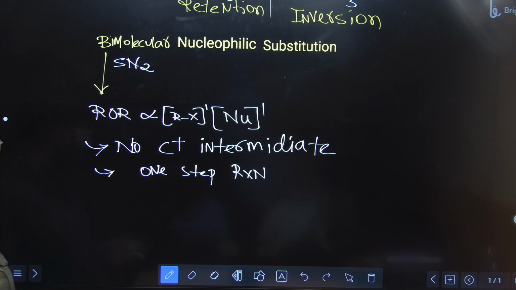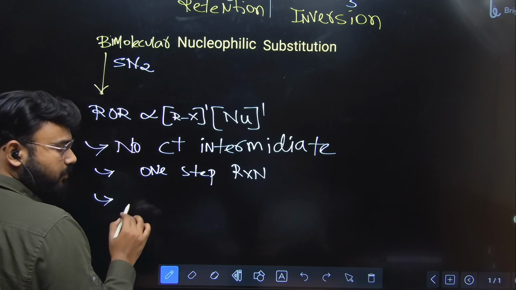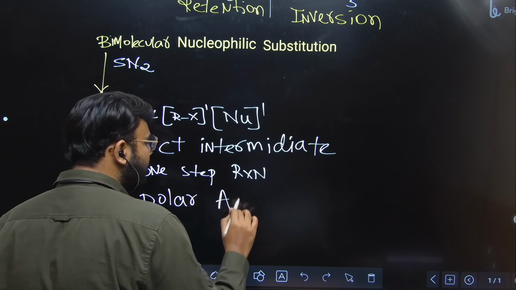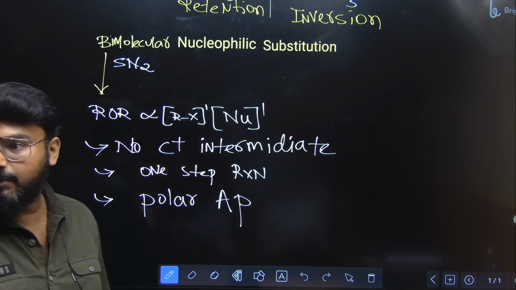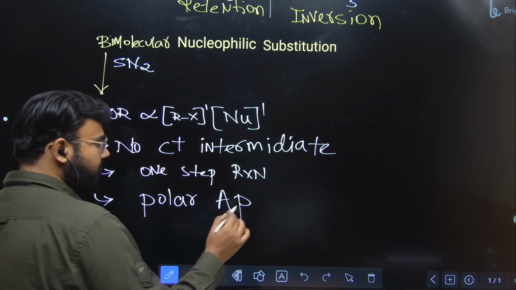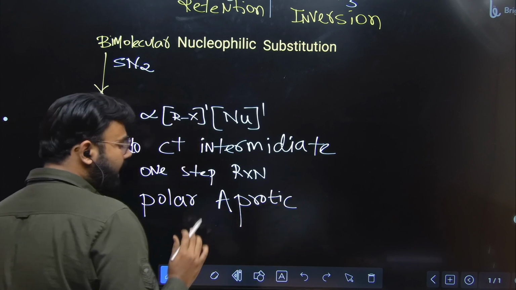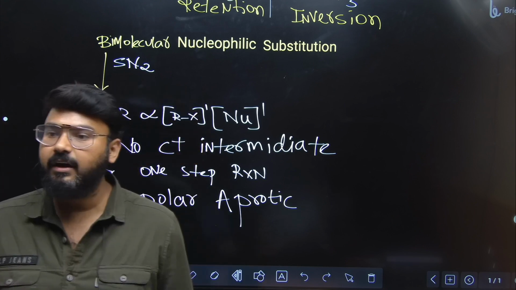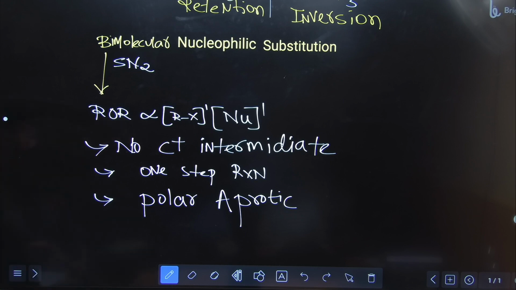The reaction happens in just one shot, okay? Also write it down. We don't use polar protic solvent, rather we use polar aprotic solvent. It means the breaking of bond will happen, but there will be no capturing. Is it clear? Polar aprotic. Whenever we add the letter A before any word, it means absent. Is it clear? So guys, write it down.